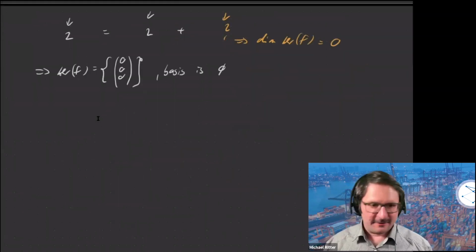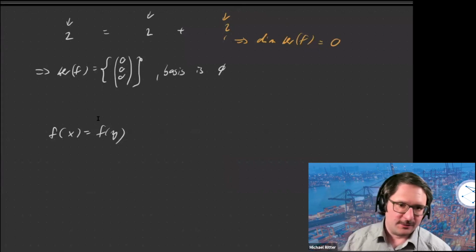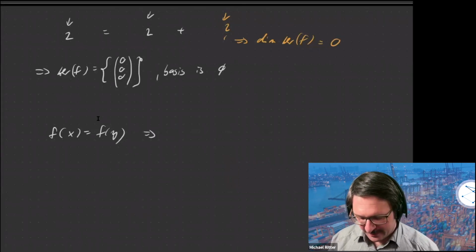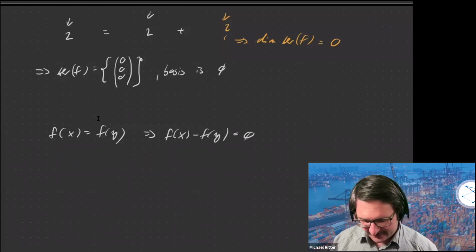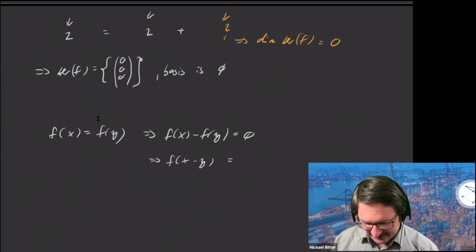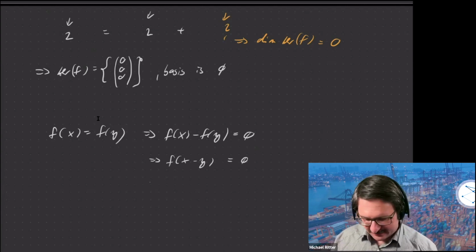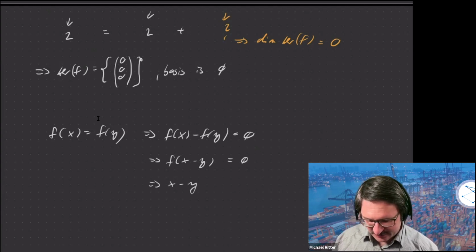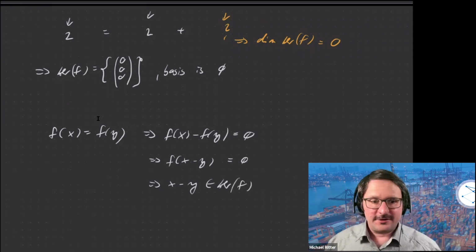And if we have two different values, so if we have an x and a y that have the same value, then that would automatically mean that f of x minus f of y is the 0 vector. So by linearity, f of x minus y is the 0 vector. Right? And in general, this means x minus y needs to be in the kernel. In this case, the kernel consists of just the 0 vector.